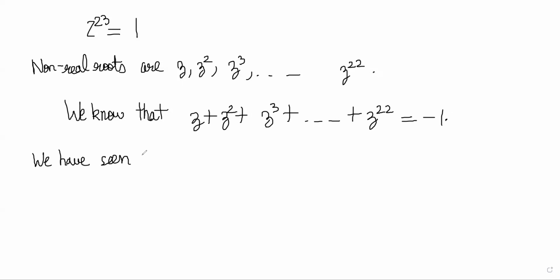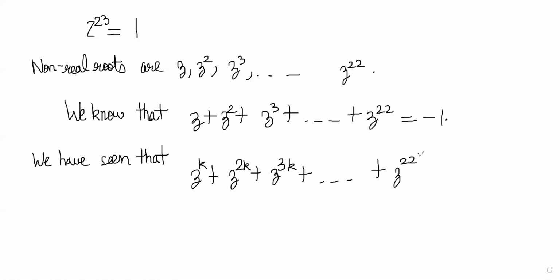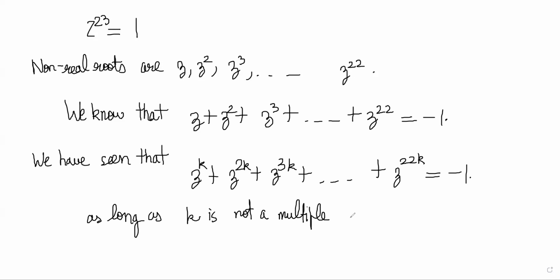So z power k plus z power 2k plus z power 3k plus ... plus z power 22k is also minus 1 as long as k is not a multiple of 23. If k is a multiple of 23, then obviously all the terms here will become 1 and it will not be adding up to minus 1.